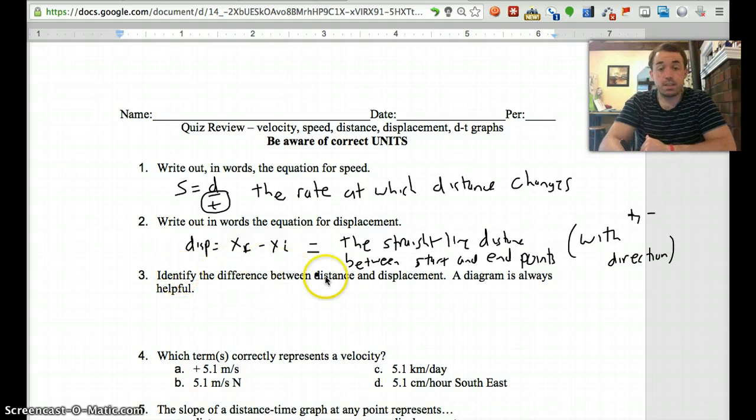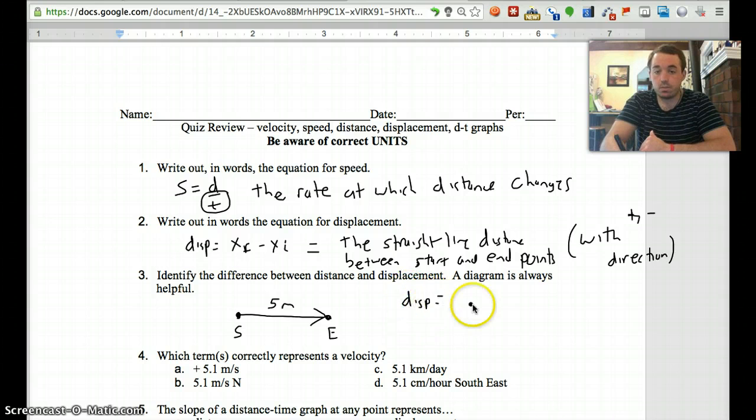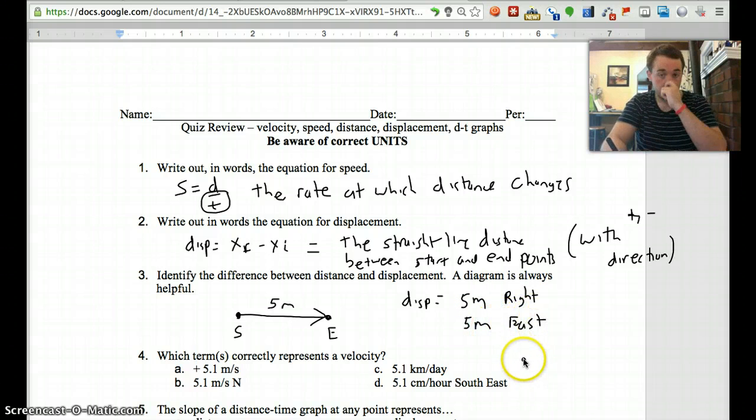Identify the difference between displacement and distance. A diagram's always helpful. So if this is where we start, and this is where we end, our displacement would be, let's say, 5 meters. You could say it one of two ways: on the paper, just to the right, or 5 meters east, assuming that's east.